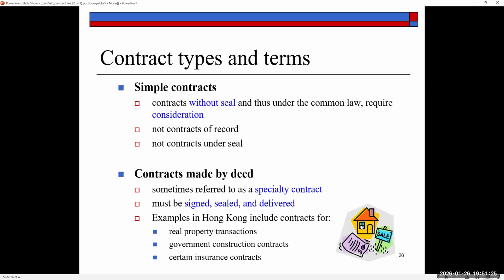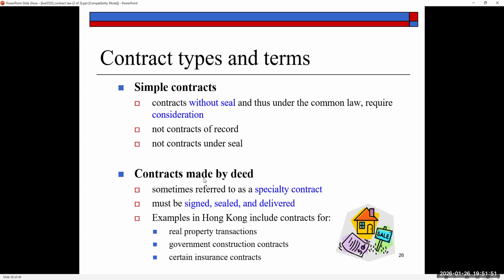like the sale of properties, sale of a house, sale of a flat, sale of a piece of land. These are usually through a contract under seal with a deed. Examples in Hong Kong include real property transactions and government construction contracts, very big contracts, usually multi-billion contracts.